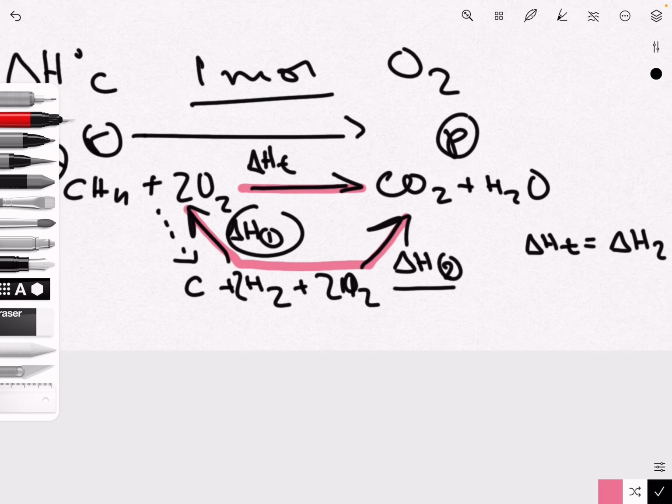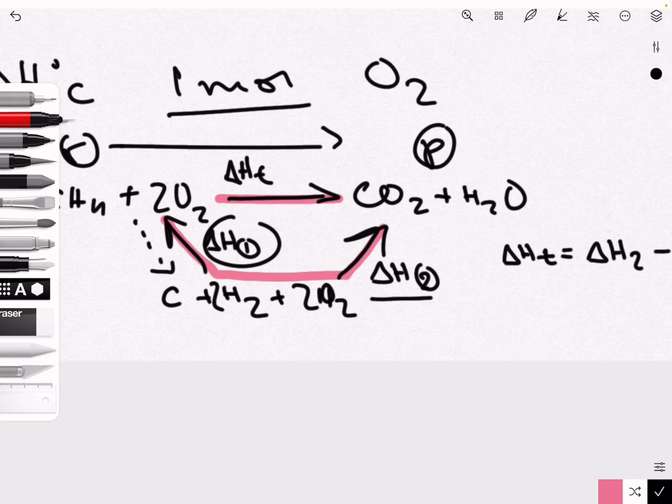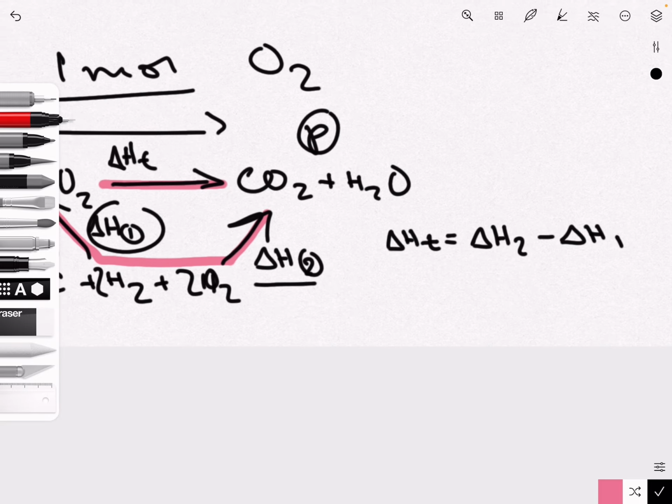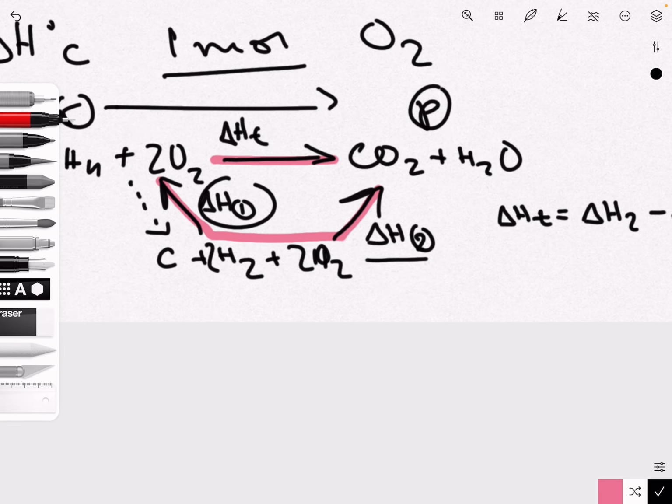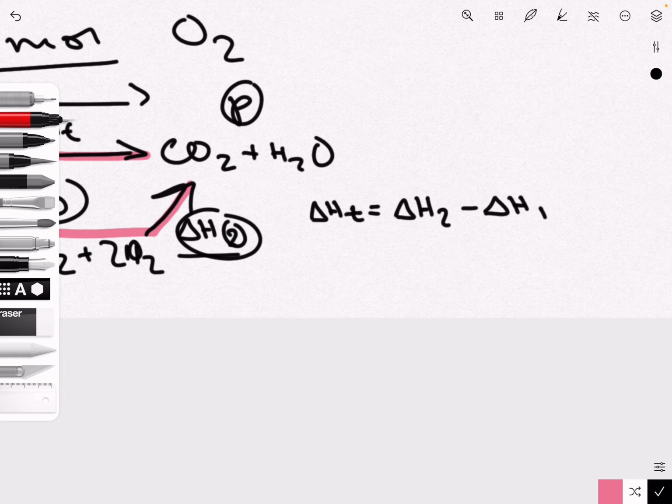So if we were to take, I've pre-calculated these values, so this over here is negative 965, and this would be negative 75, but double negative gives us a positive.